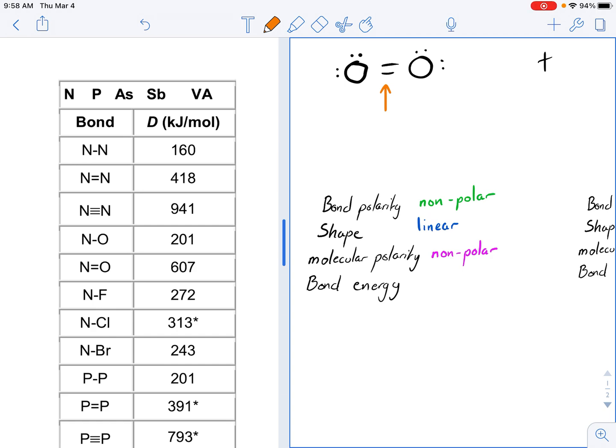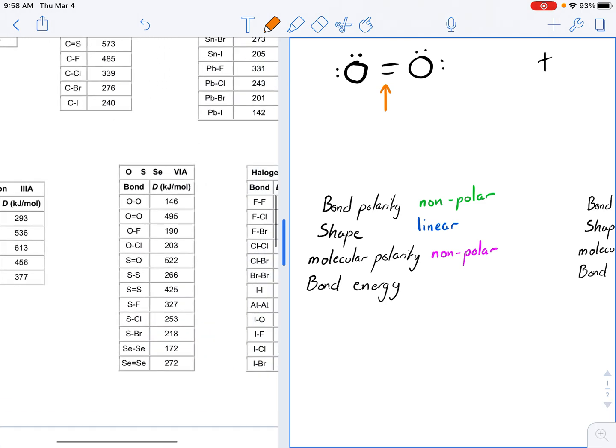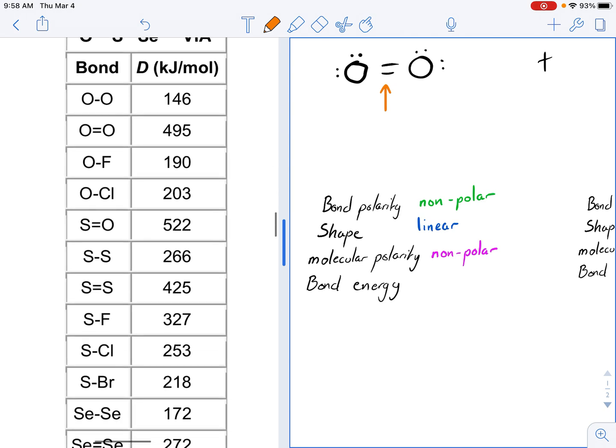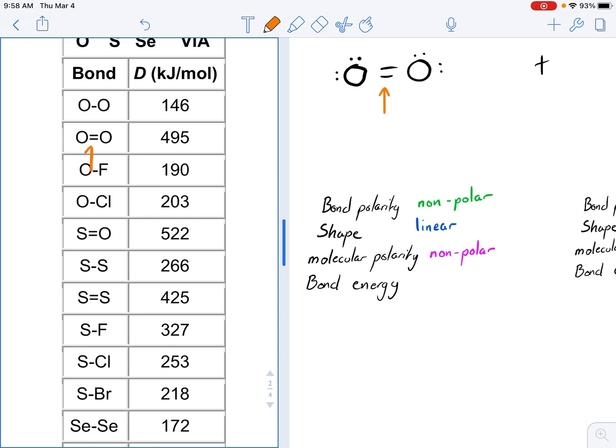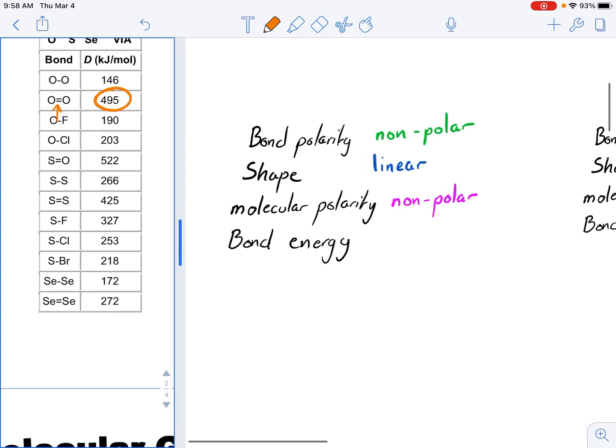Nitrogen, phosphorus, arsenic, antimony, not that one. Boron, not that one. Oh, look, here it is. Oxygen, sulfur, and selenium. So oxygen with a double bond, just like it is in my diagram, is 495. So I'm going to put down 495.